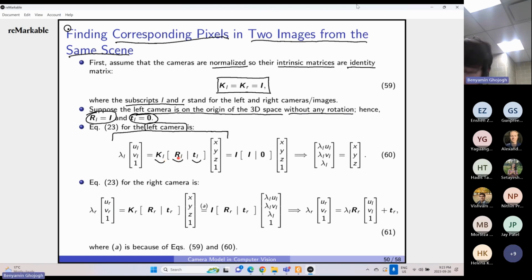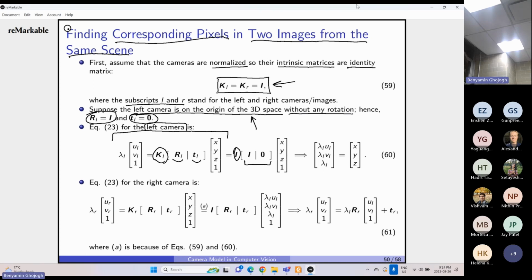RL, TL are the rotation and translation of the left camera. (X, Y, Z) is the scene, right? Now, according to equation 59, my assumption is KL is identity. Also, I assumed that RL is identity and TL is 0, because I can choose my 3D axes.